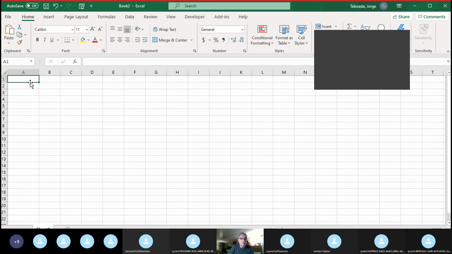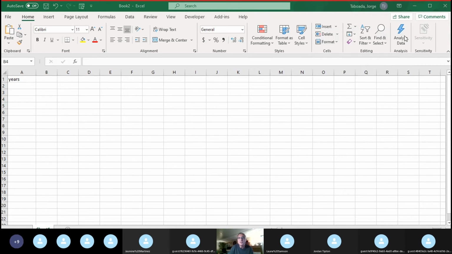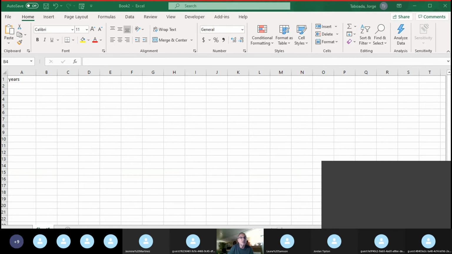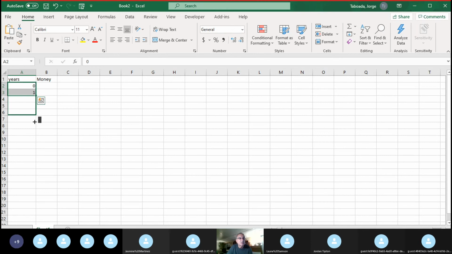I put here years. Do you see Microsoft Excel? Yes. And here is the money. And we start in 0, year 0 is now, and after 1, and after 2, well, you select this and you drag.